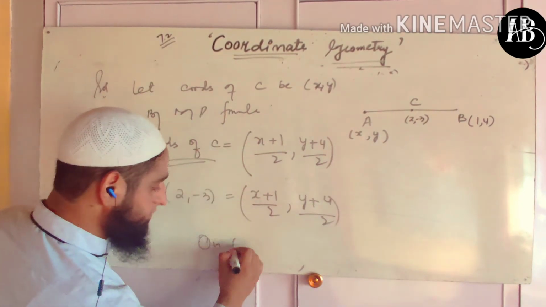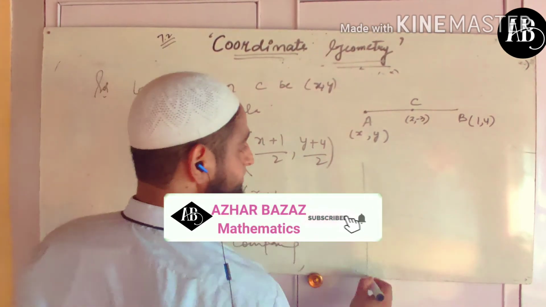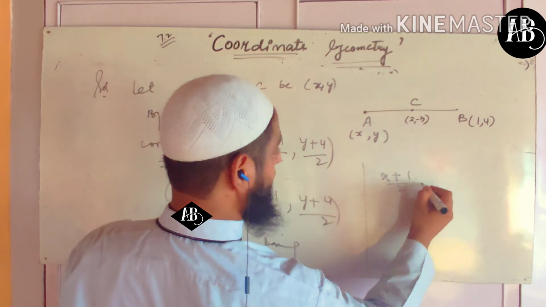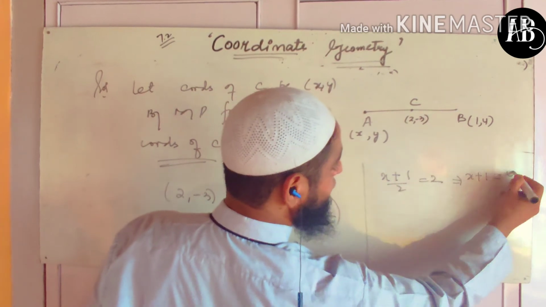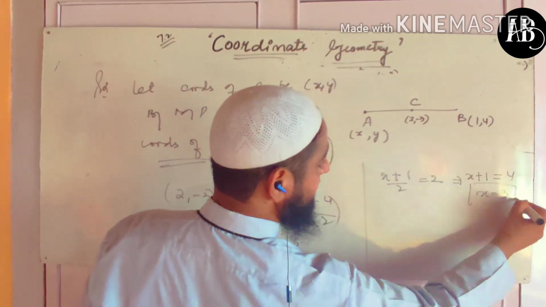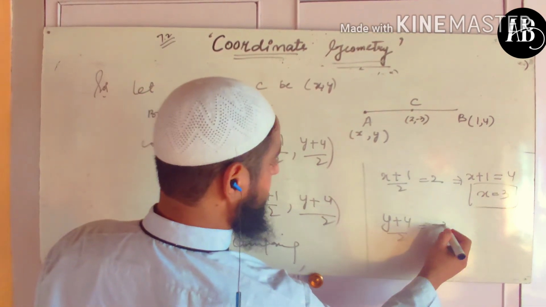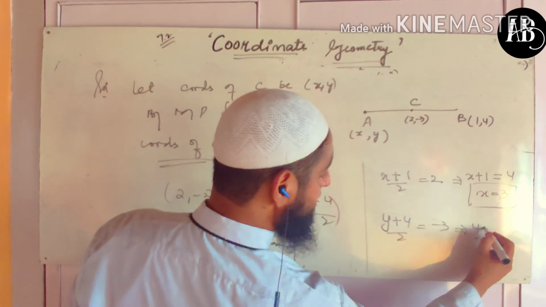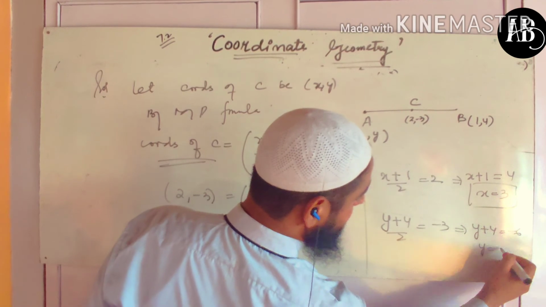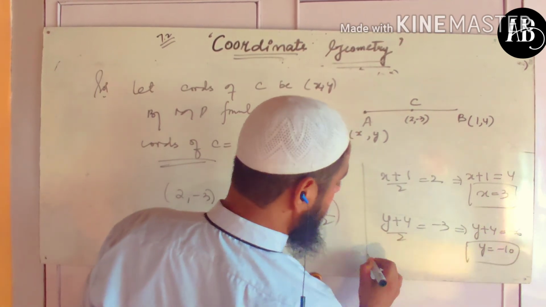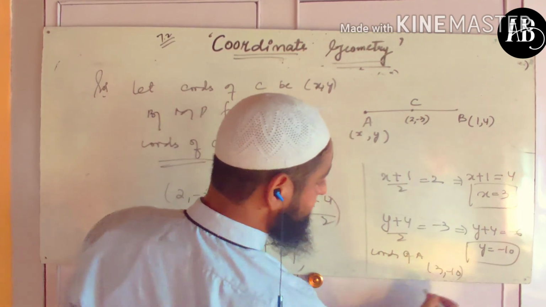On comparing, (x + 1)/2 is equal to 2. It implies x + 1 is equal to 2 into 2 is 4. x is equal to 4 minus 1 is 3. Similarly, (y + 4)/2 is equal to -3. y + 4 is equal to 2 times -3, which is -6. y is equal to -6 minus 4 is -10. It implies coordinates of A are (3, -10).